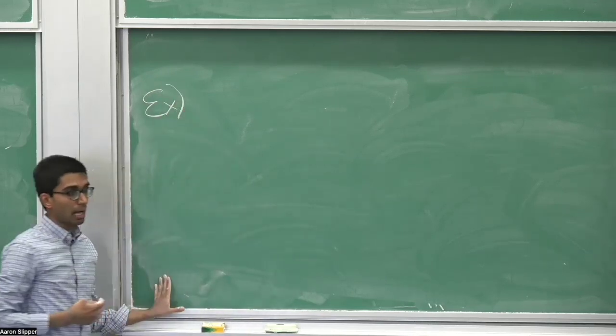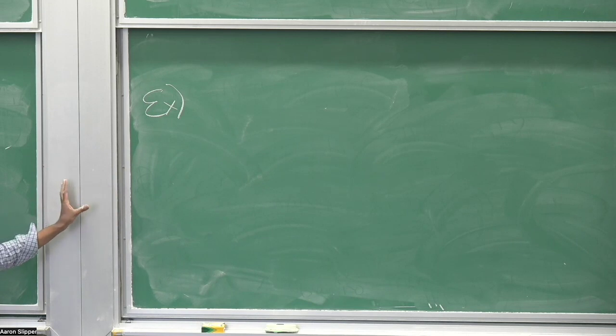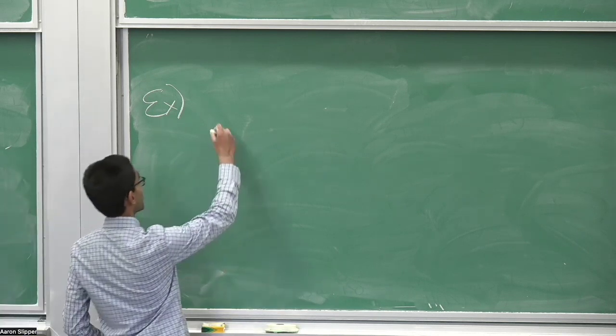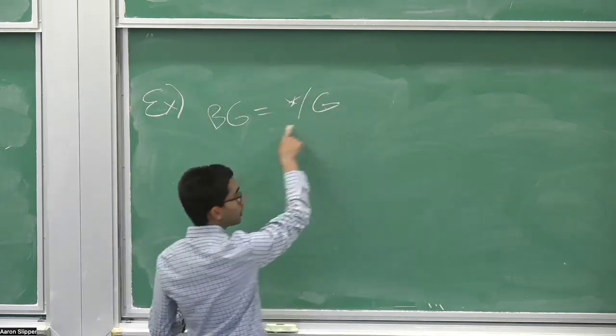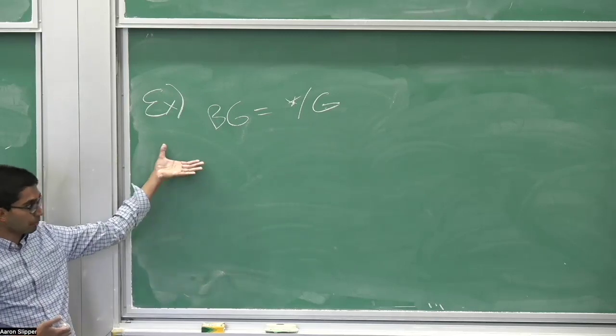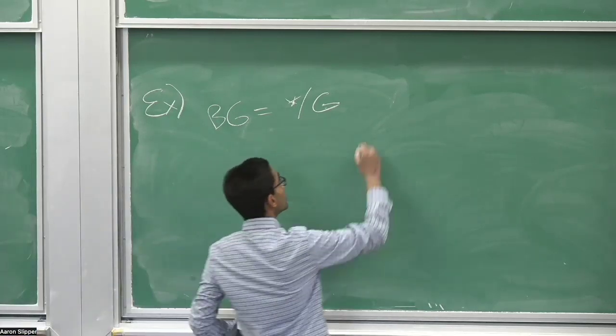For example, you could start with schemes and have a flat groupoid in schemes, and then you want that to represent a stack. But you would do that by forming the colimit in stacks, again, rather than prestacks. So for example, the stack BG is the colimit of the simplicial diagram you write down, but it's a colimit in stacks.